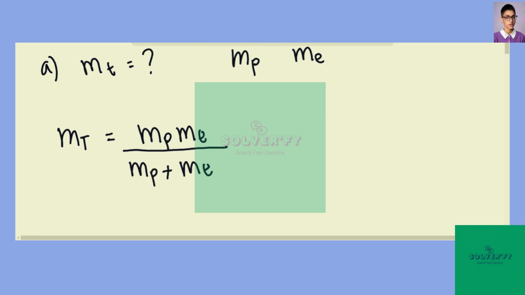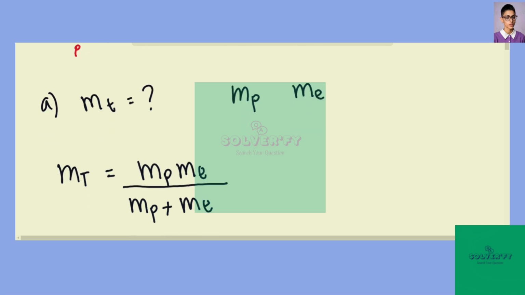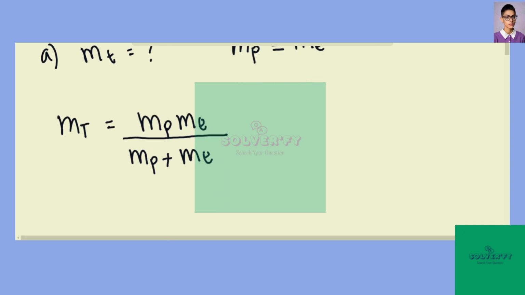Now, we know that the positron is an antiparticle of the electron, so the only thing that changes is its charge in comparison to the electron. So their masses are the same. The mass of the positron is the same as the mass of the electron.